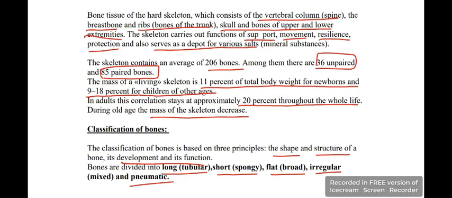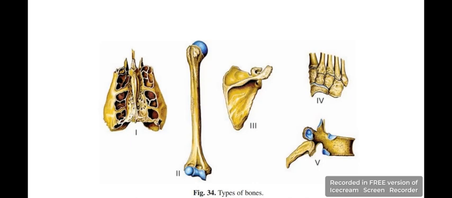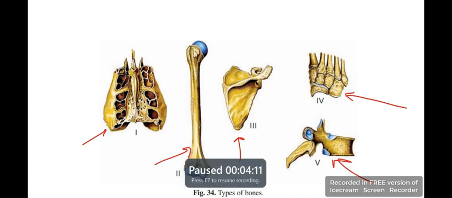Now we would see the diagram also. See, as I said, this is the ethmoid bone, which is a pneumatized bone. This is the long bone, and this is the flat bone, scapula. This is the short spongy bone, carpals and tarsals also, and this is the vertebra, which is the irregular bone.